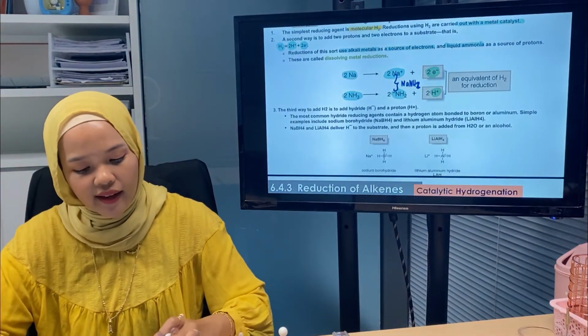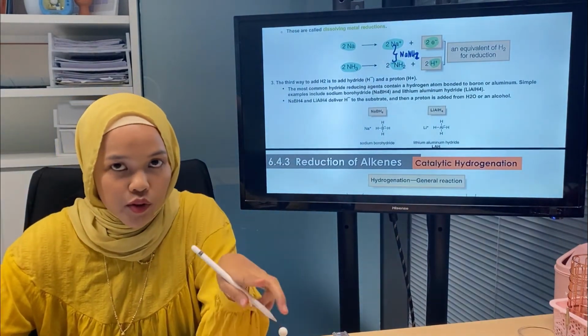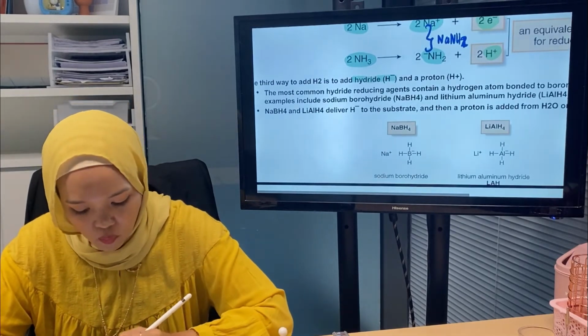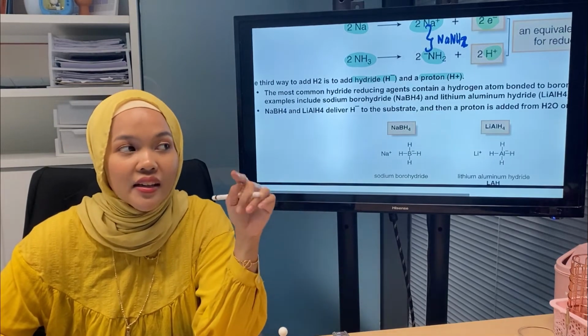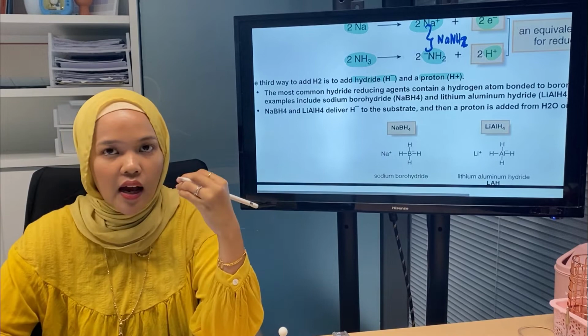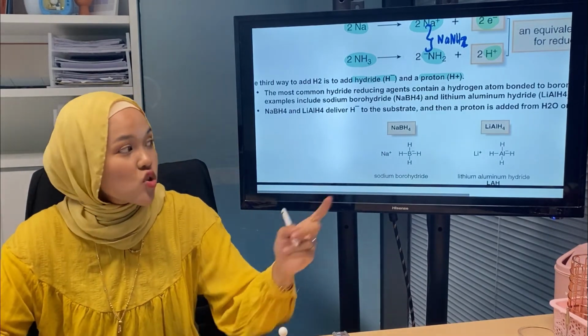And then the last method to add 2 equivalents of hydrogen: you can add 1 hydride and 1 proton. Hydride is hydrogen with an additional electron, so it is hydrogen with 2 electrons. So hydride is H minus.